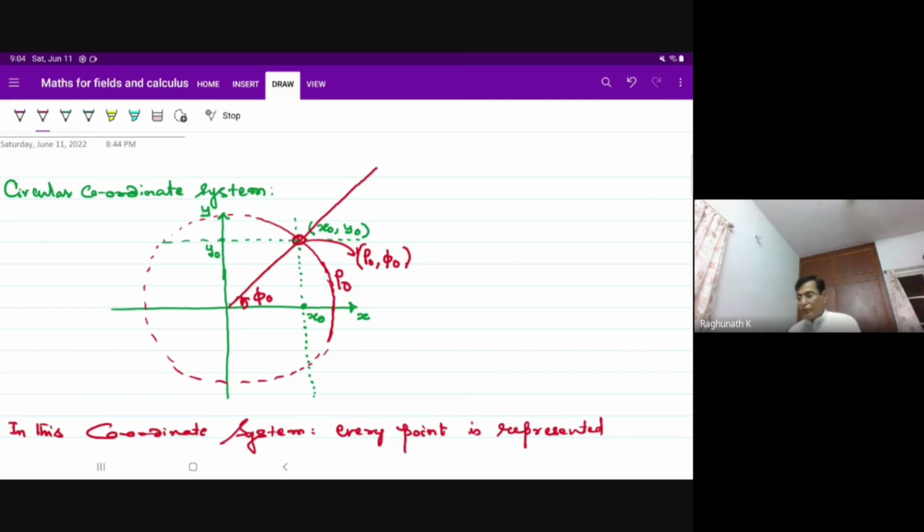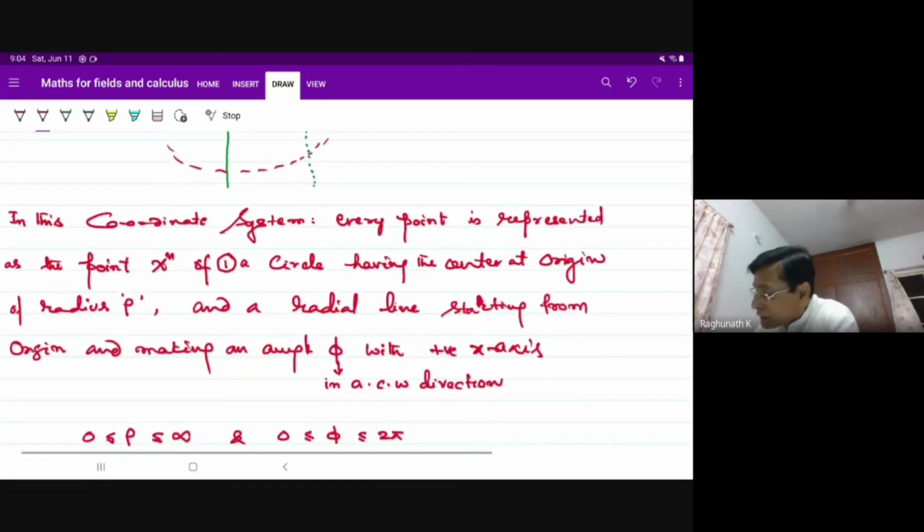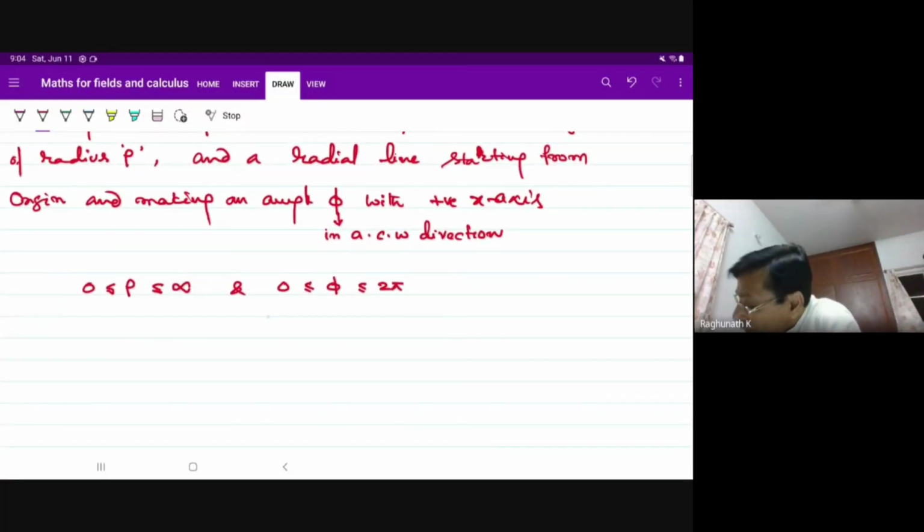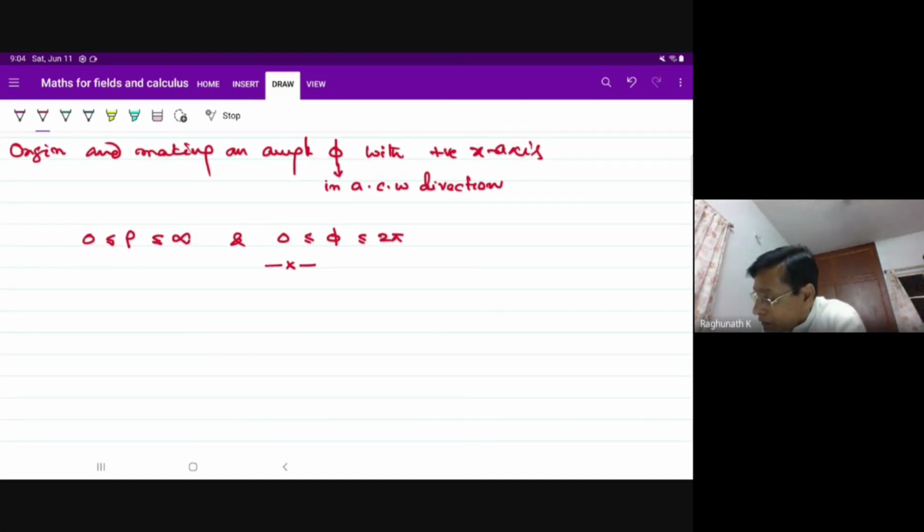Be careful. It's important for us to know this. I think I told about it while talking about the polar and rectangular forms of phasors. I will now again talk about it. We know this. The discussion is this.